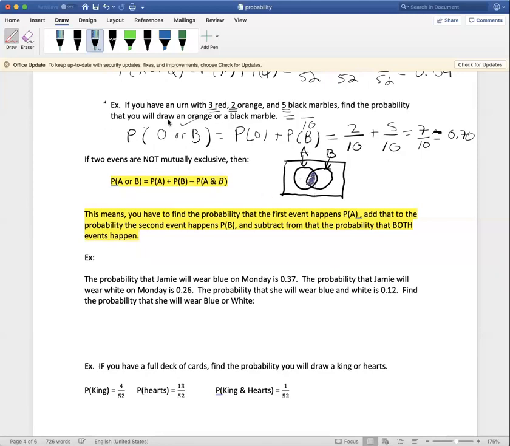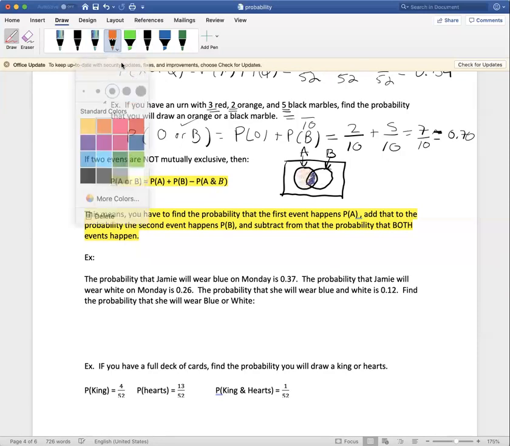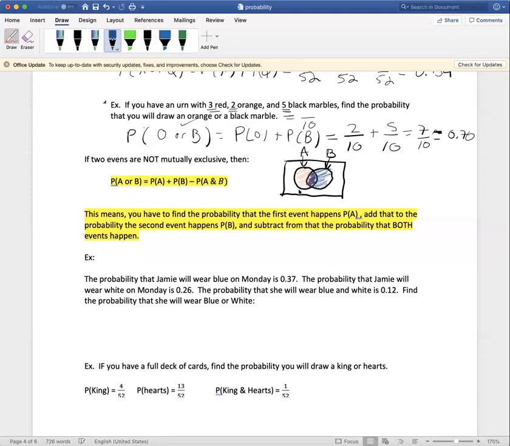So if we want to figure out the probability of A or B, well, the probability of A represents this guy over here, and the probability of B, let's let B represent this guy over here. And I hope you can see that when we consider the probability of A or the probability of B, we actually hit this intersection twice.